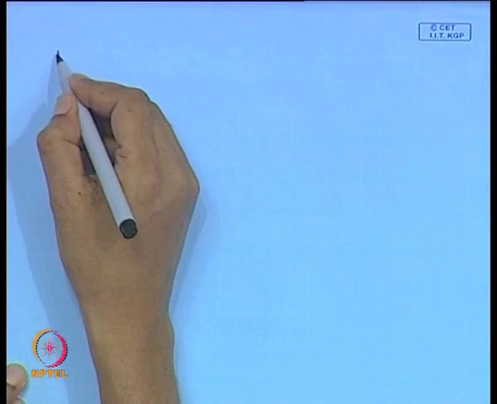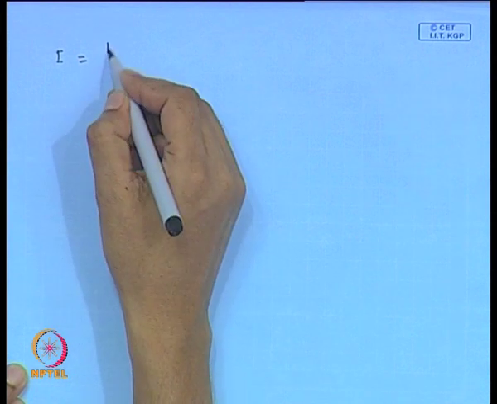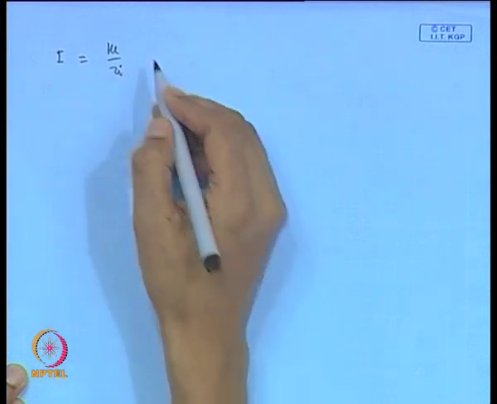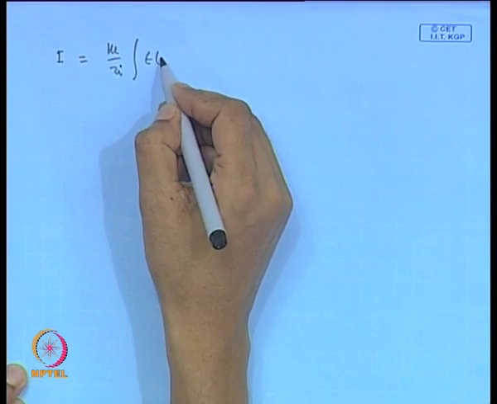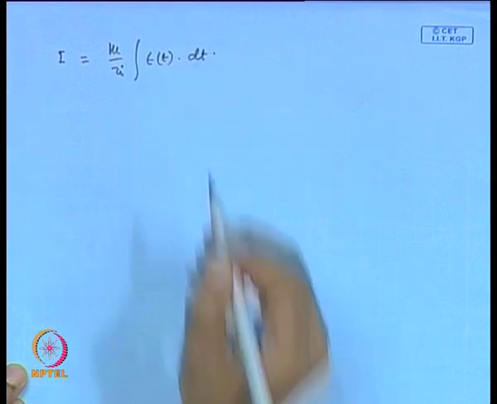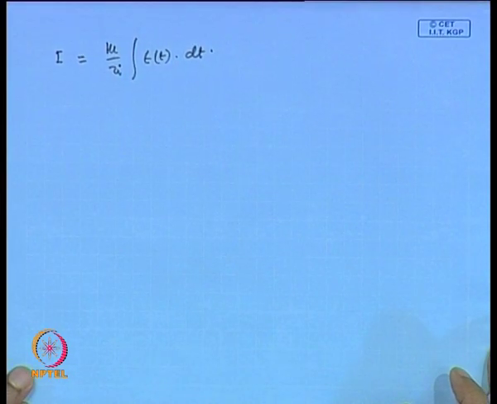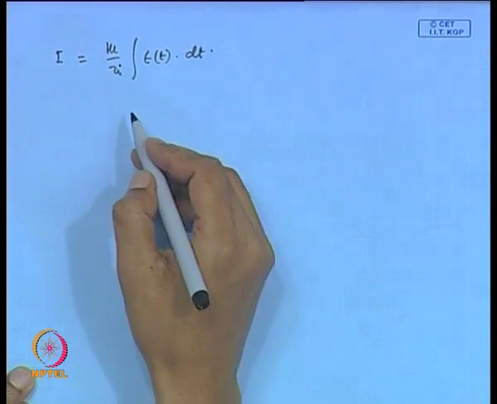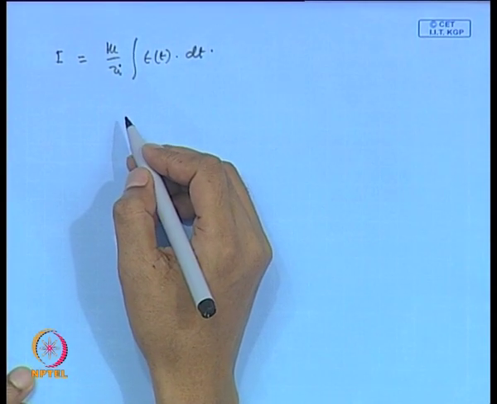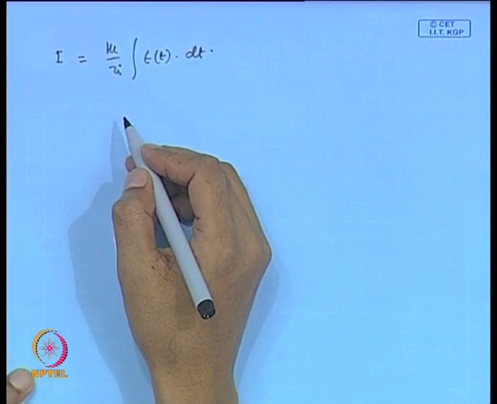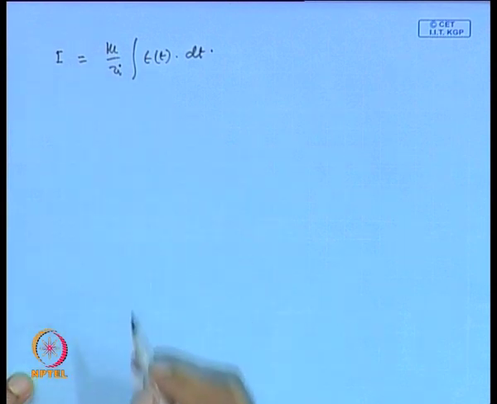Now, this integral action we can write as Kc divided by tau I times the integral of epsilon t dt. Fine. Kc is the proportional gain and tau I is the integral time constant.